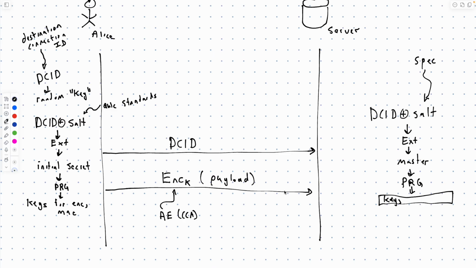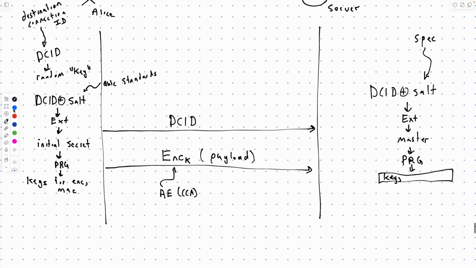Okay, and so the main thing that I'm trying to solve here is if there's an adversary in the middle, and I'm going to call it a middle box. So a middle box is kind of like a router or something like that, and it's doing packet inspection. I'd like it for it not to do packet inspection, okay?